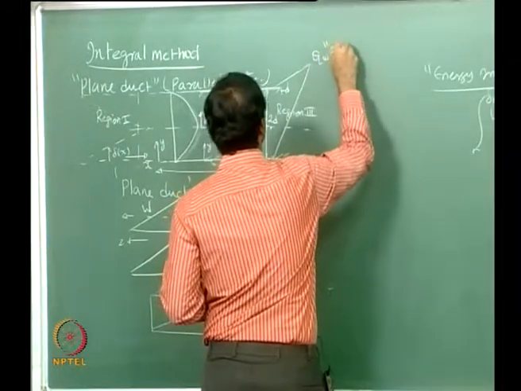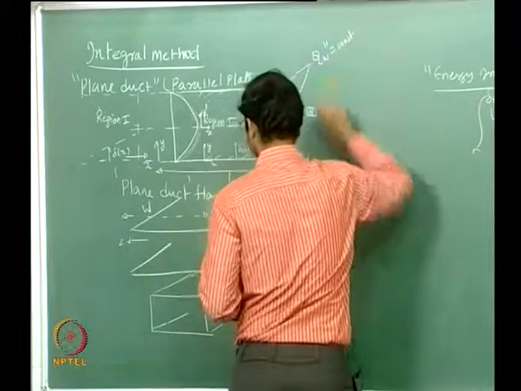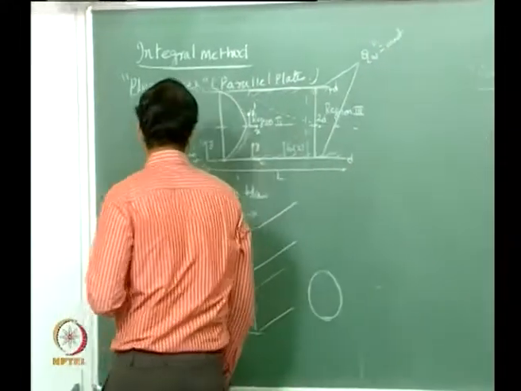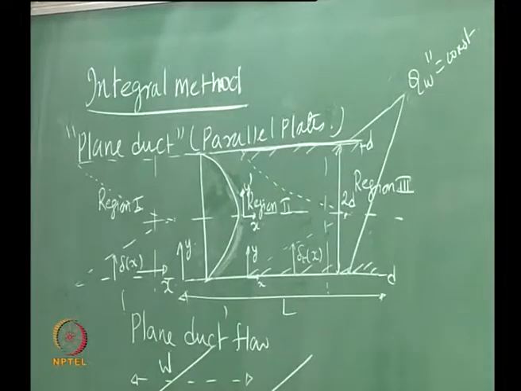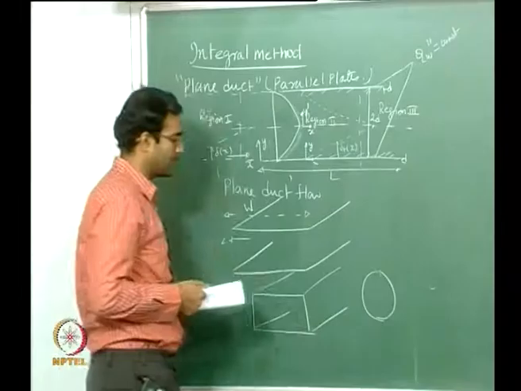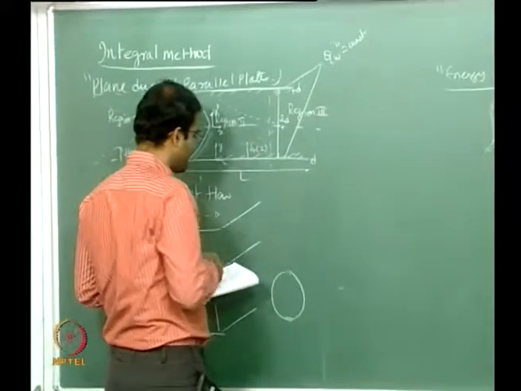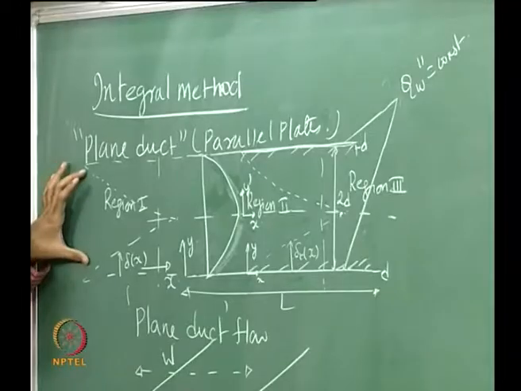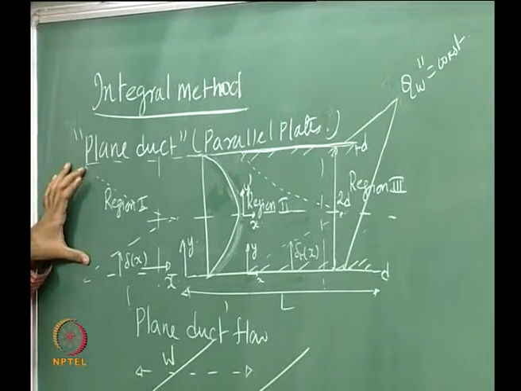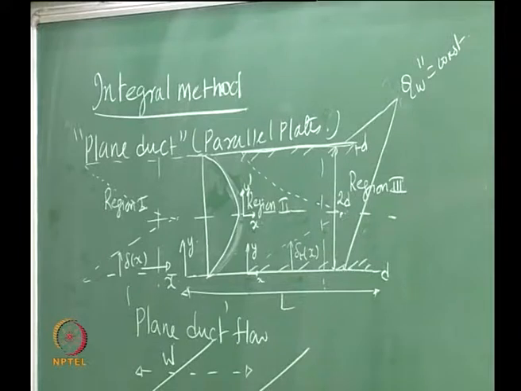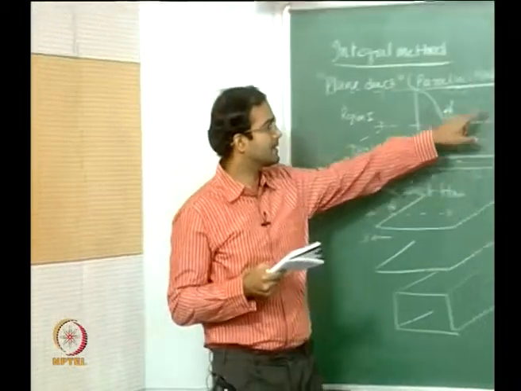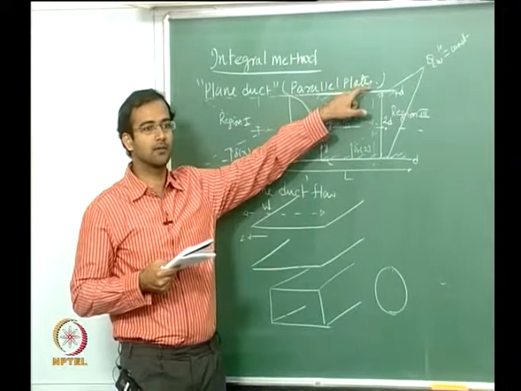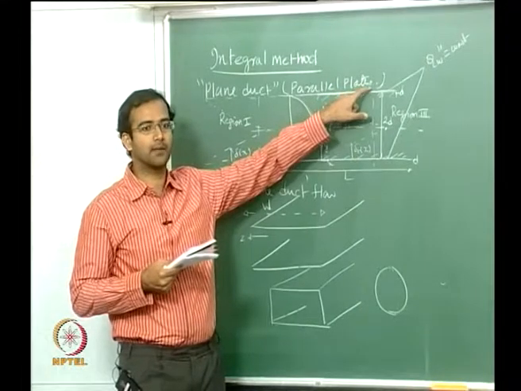Now when I define my non-dimensional variables, whether I use Reynolds number or Nusselt number, in the case of plane duct flows it is common to use the hydraulic diameter or the equivalent diameter. Although it does not have any cross section in the z direction, this is just a spacing between the plates, so you have to write this in terms of the equivalent diameter.